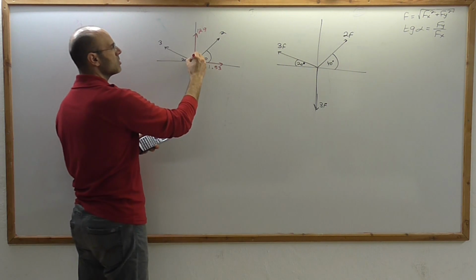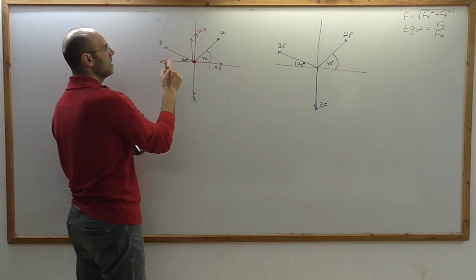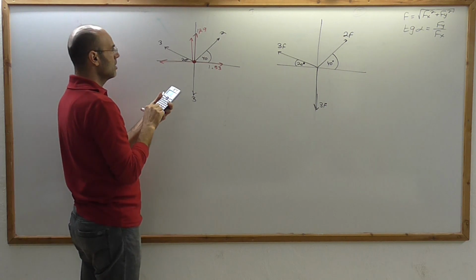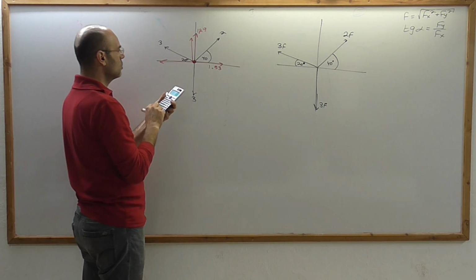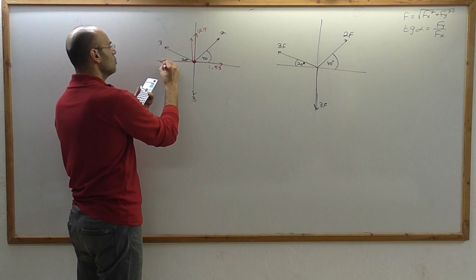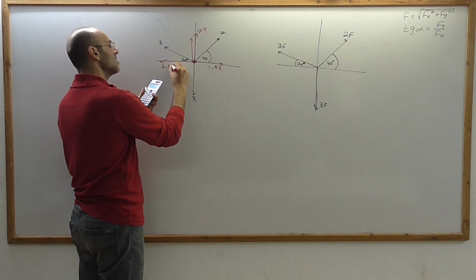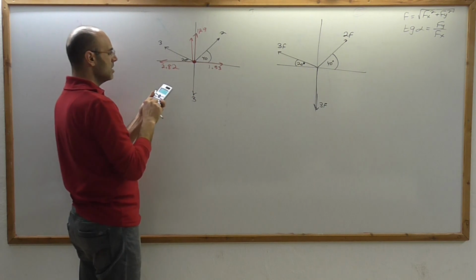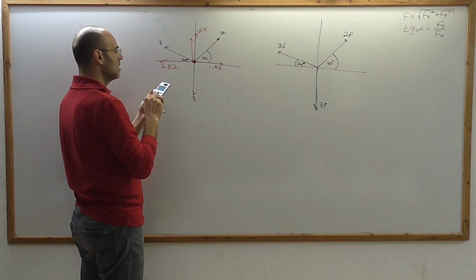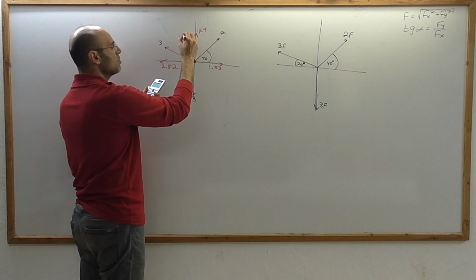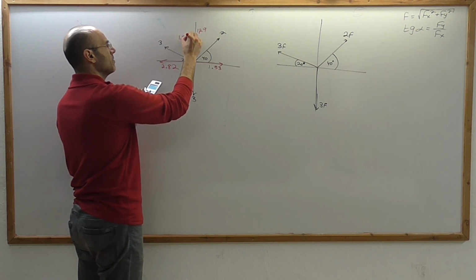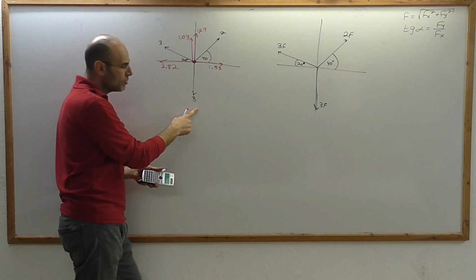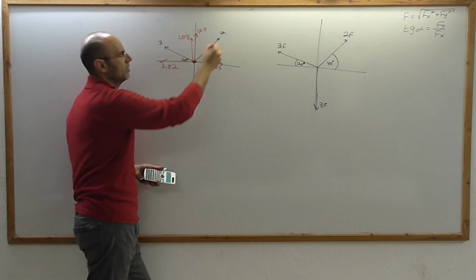I break this one also, here and there. This one will get the cosine, 3 cosine 20 is 2.82. And this one will get the sine, 3 sine 20 is 1.03. This one I don't have to break because it's already on the y.